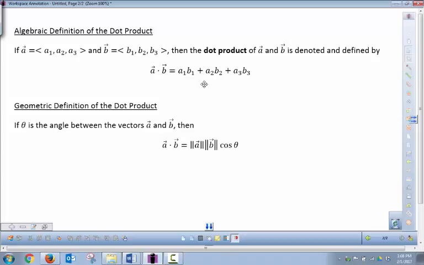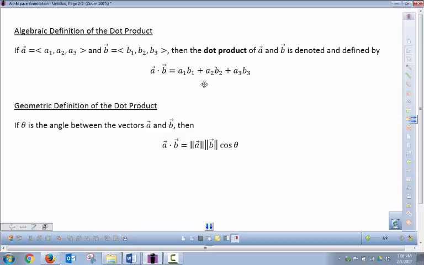Now, if you look at this dot product carefully, look at the algebraic definition, or you can even look at the geometric definition of the dot product, what can you notice about the result of this dot product of 2 vectors? The result's a scalar, right?